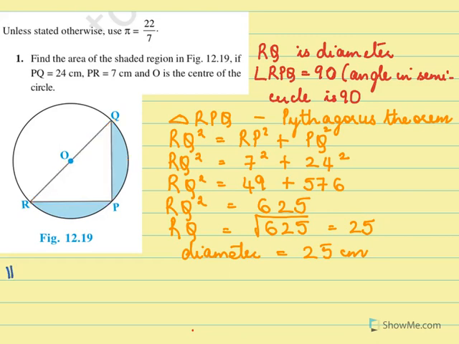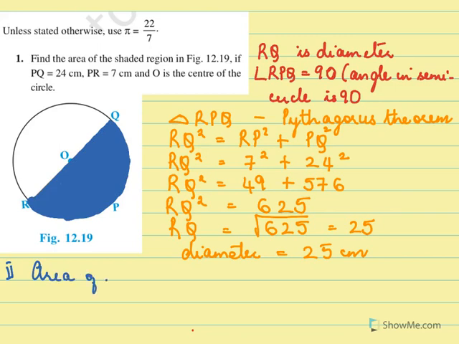Now for the second part of the sum, we will find the area of the semicircle. So here is the semicircle. So we find area of semicircle. Now semicircle is half the circle.